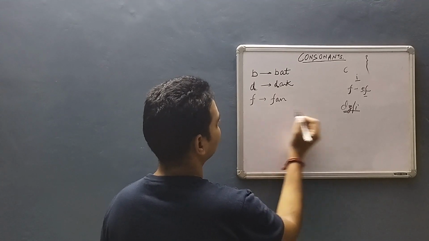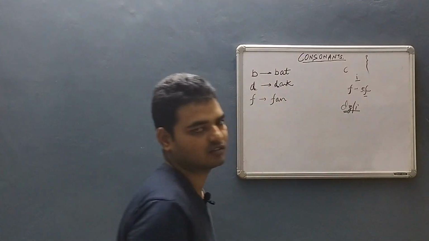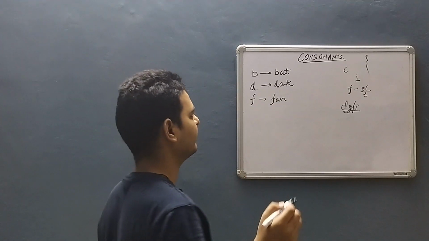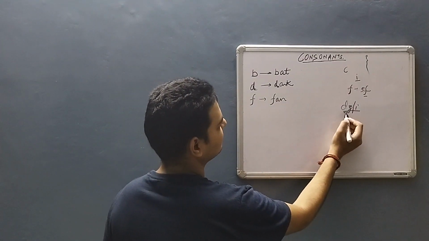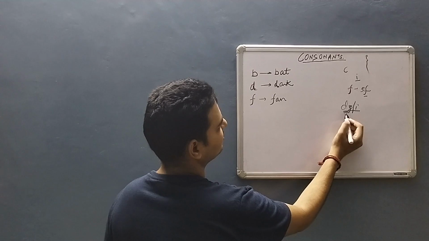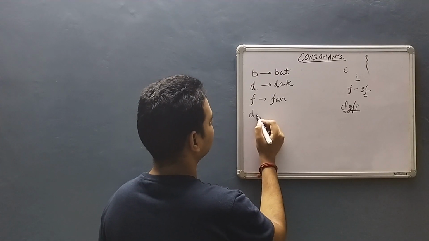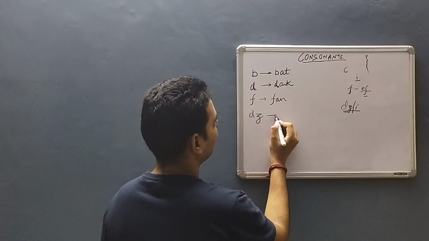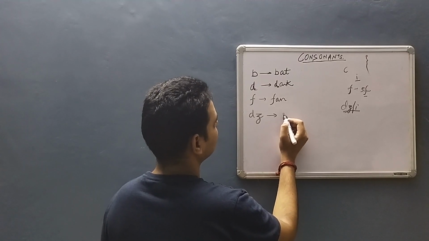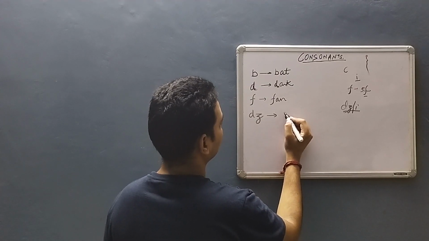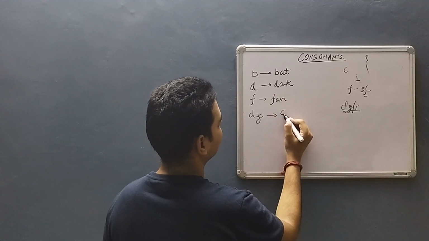With the help of the letter G, like grapes, we can learn this J sound, which is a consonant. So J, like in gentle, you can understand in this way, gentle.